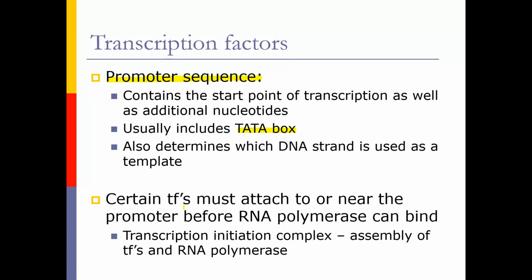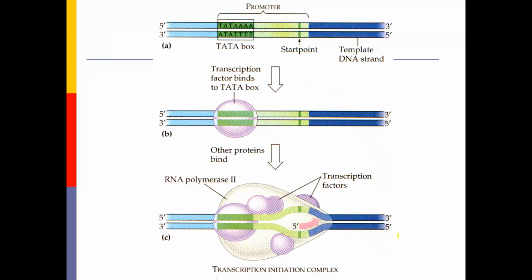And so essentially what has to happen is these transcription factors have to be attached near the promoter or at other regulatory sequences in order for RNA polymerase to bind and actually copy that DNA, okay? So the combination of the RNA polymerase and those transcription factors is called the transcription initiation complex. And so all of these proteins have to be in place in order for transcription to occur.